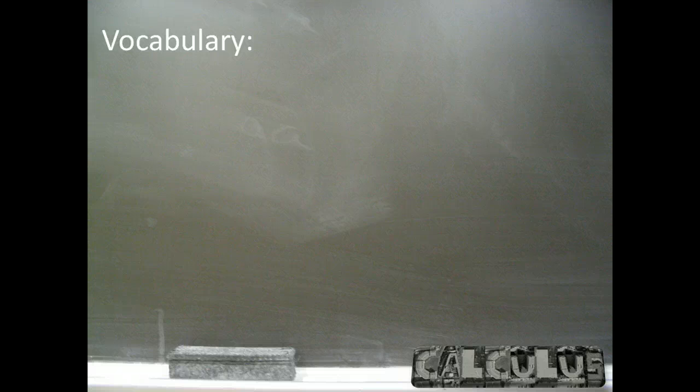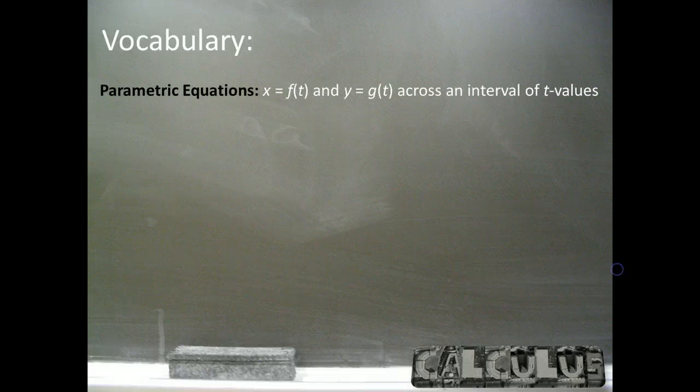Okay, first some basic vocabulary terms for you. First of all, what are these parametric equations? Parametric equations are x is equal to f of t and y is equal to g of t across an interval of t values. And simply what that means is both x and y are functions of this third variable t.